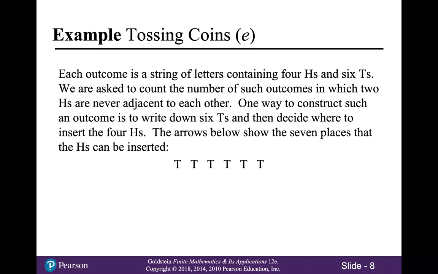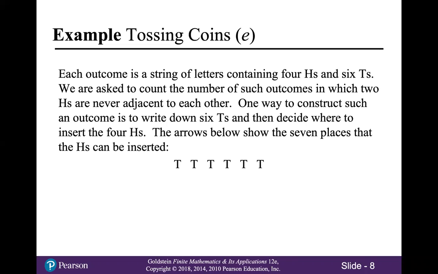to solve new problems. So in this problem, each outcome is a string of letters containing 4 H's and 6 T's. We are asked to count the number of such outcomes in which 2 H's are never adjacent to each other. One way to construct such an outcome is to write down 6 T's, the way that I've done below, and then decide where to insert the 4 H's.